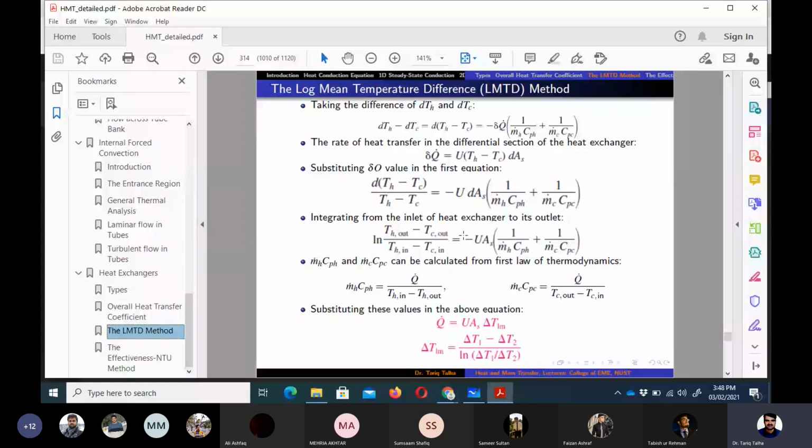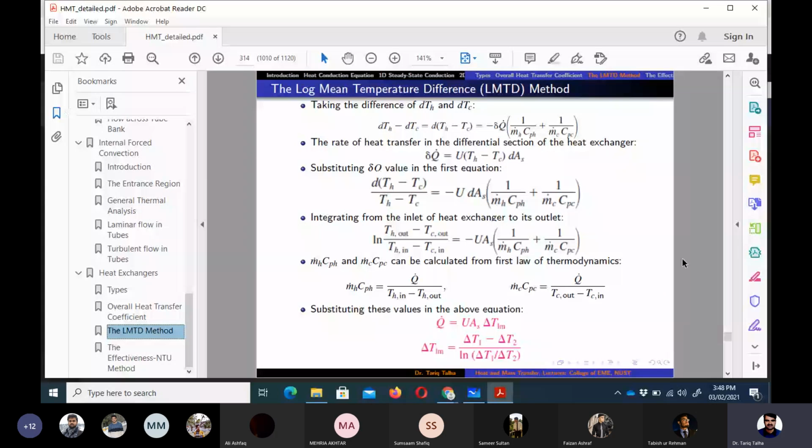In this case, if we do the substitution which we did in the last class for m dot h Cph, we can write Q dot upon TH in minus TH out, and similarly for m dot c Cpc we can write Q dot upon TC out minus TC in.